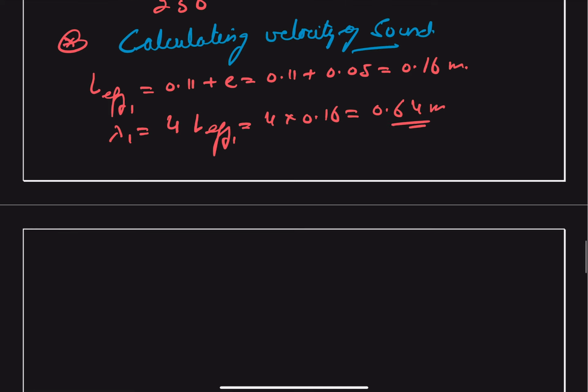So velocity V will be equal to F1 multiplied by lambda 1. F1 is 512, and lambda 1 we just calculated is 0.64 meters. So this comes as close to 328 meters per second. This is the velocity of the sound.